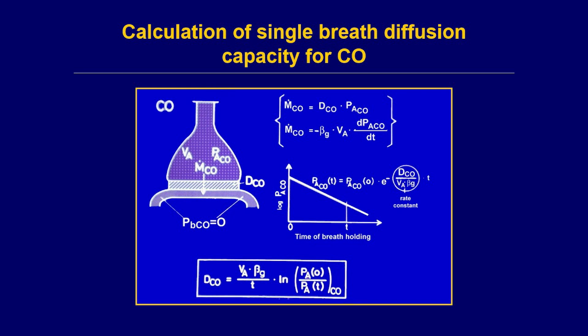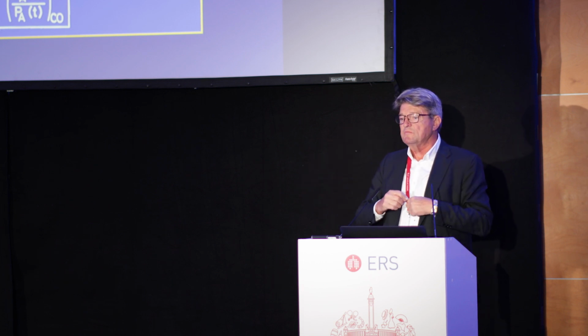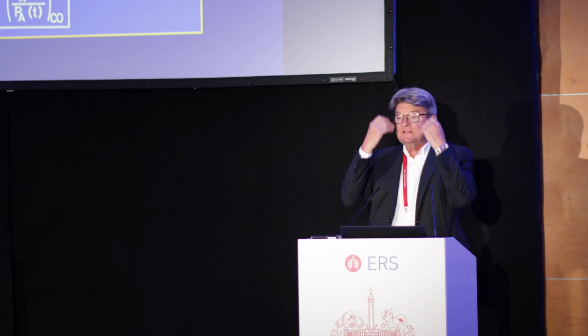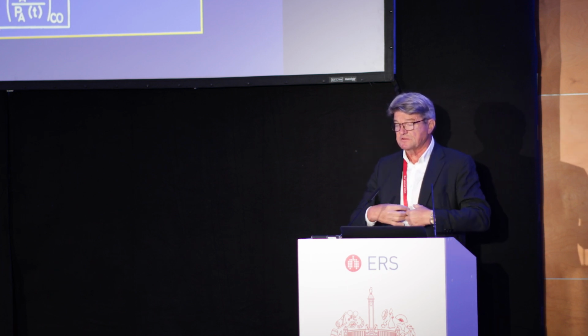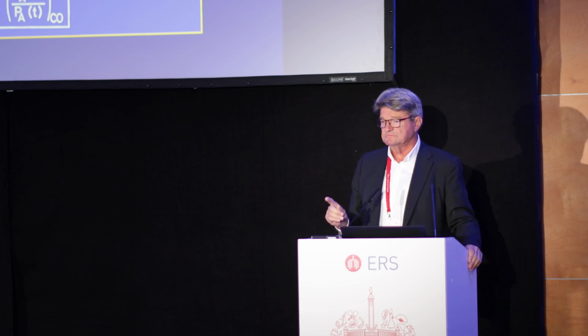And the calculation is very simple, though this may not be, at first glance, very simple, but it is. There is a certain amount of CO, and this certain amount, which changes over time, is dependent on the diffusion capacity and the slope of the decline of CO. And in order to measure the initial concentration of carbon monoxide after inspiring the gas, because it is then diluted within the lung volume, you need helium.